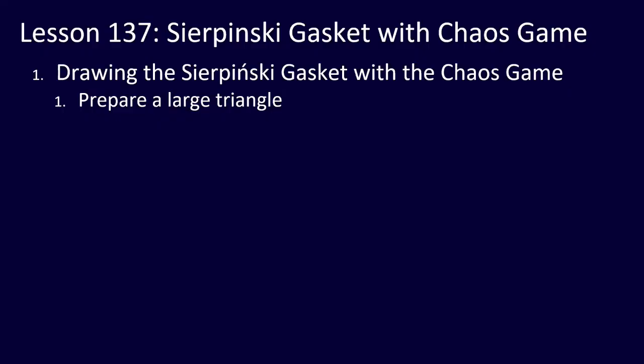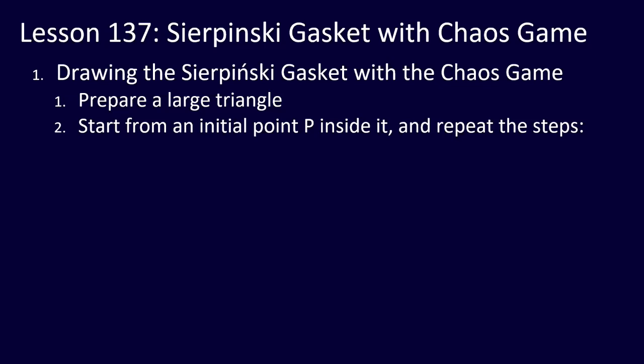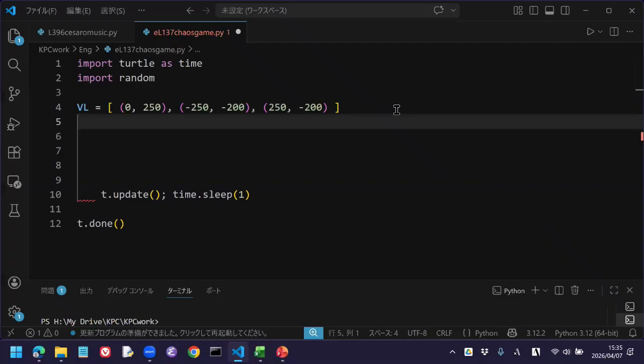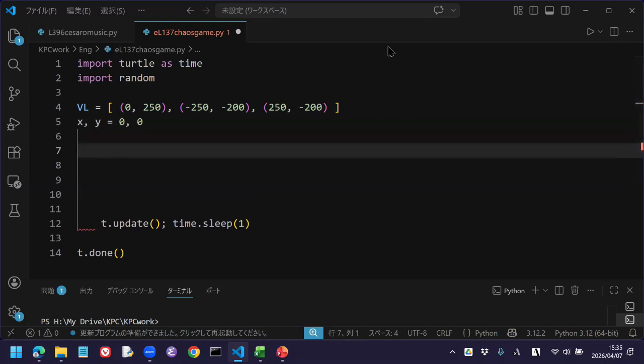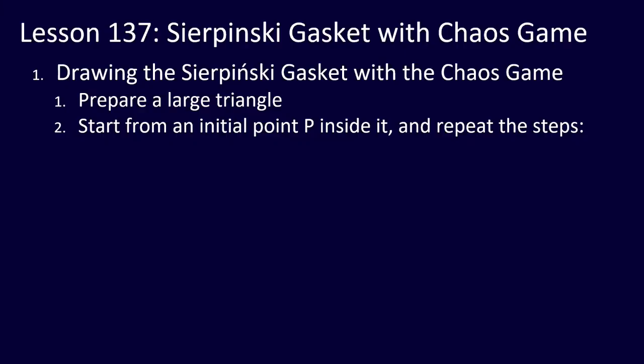And then we start from an initial point P inside it. So let's use x and y as initial values 0 and 0. Actually, we can try something else, but let's see that. And then we start with pen up, and then repeat the following steps.